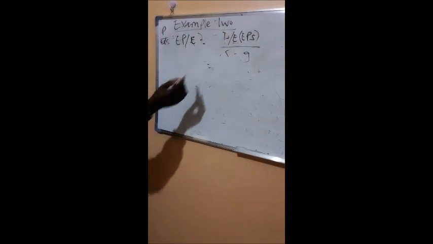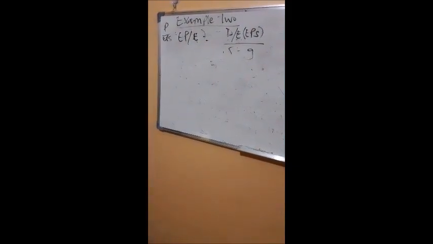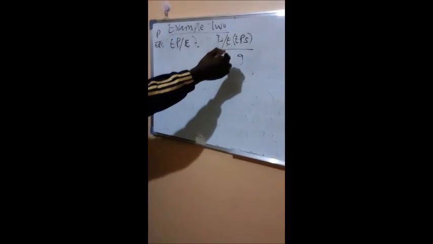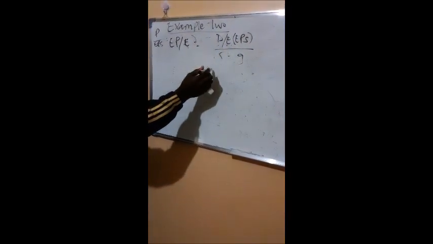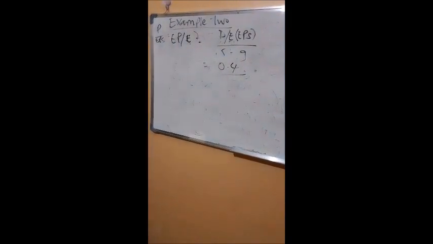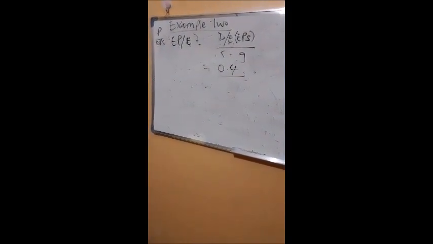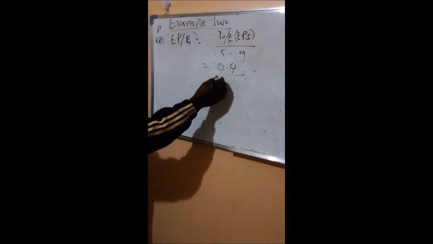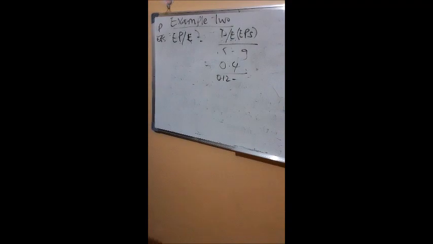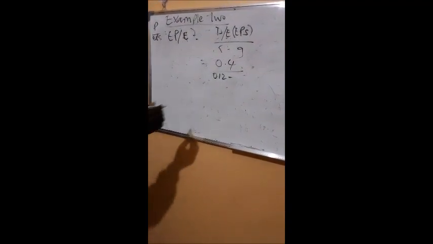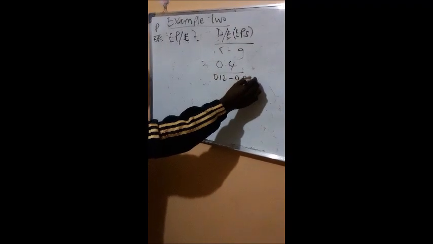Now in our example, we have been given the dividend payout ratio, which is this part, D divided by expected EPS, of 0.4. We are told 40% or 0.4 is the dividend payout ratio. Then we divide by r. r is 0.12 minus the expected growth rate in dividend of 2%, which is 0.02.